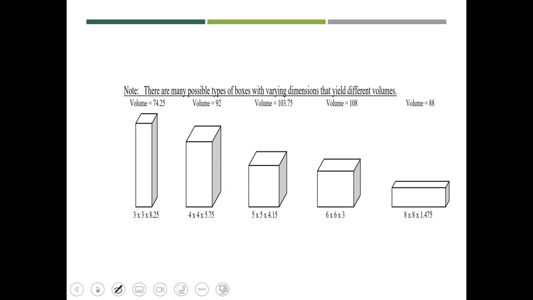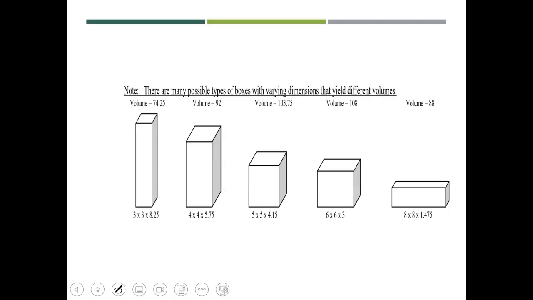So here are technically all different types of volumes that can give you a shape and a quantity that meets those requirements. But what you'll notice is all of the volumes are really different.